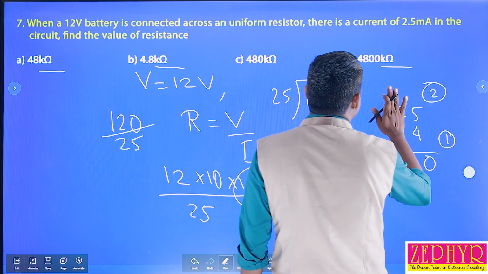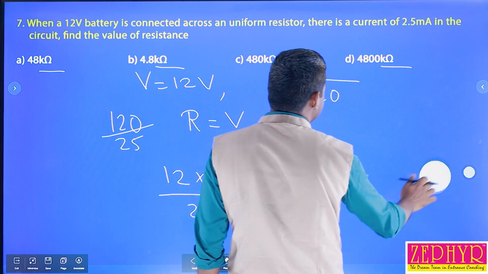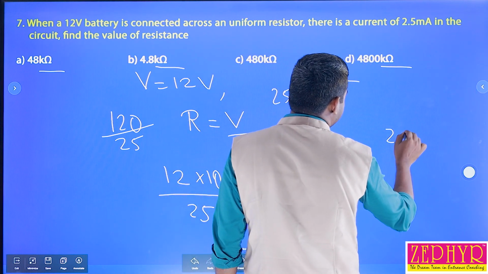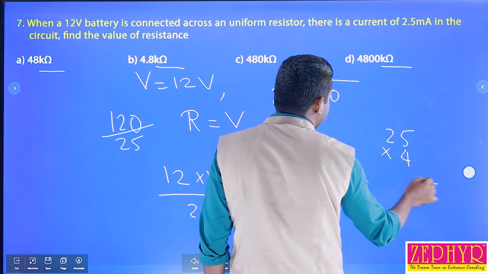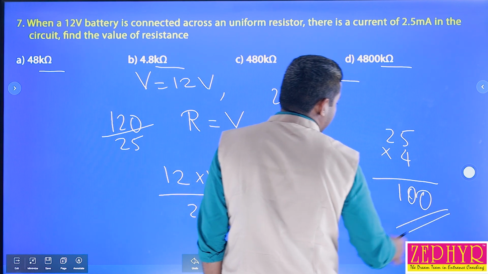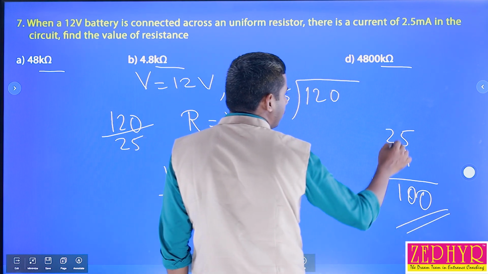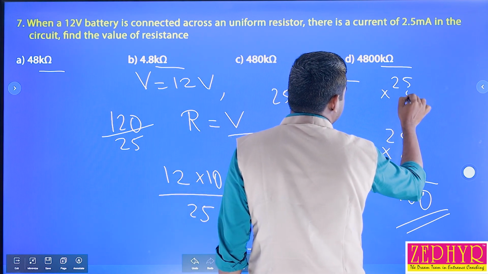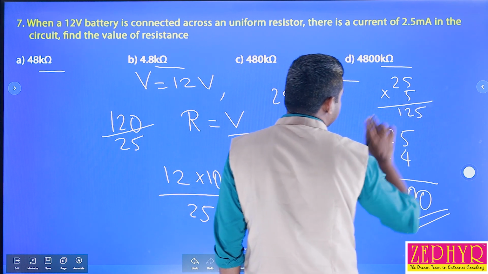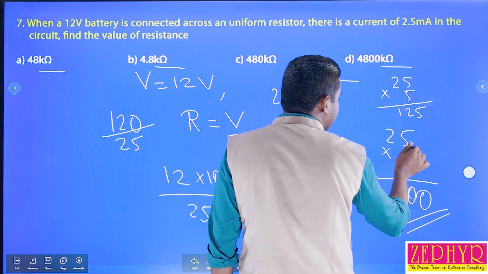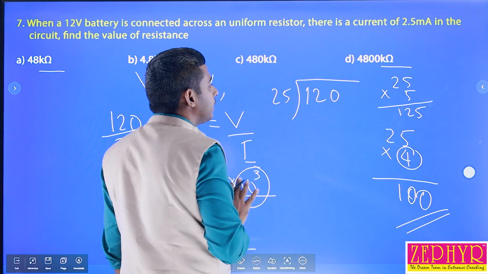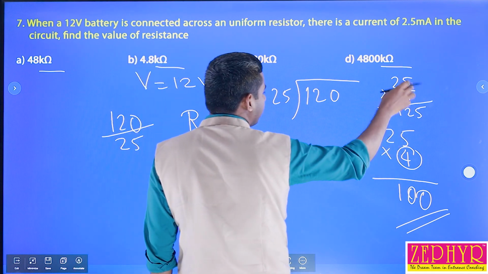Okay, by mistake I took it in that way, 25 into 4 actually. So 25 into 4 becomes 100. So, 25 into 5 will come as 125, right? So, we can take 4 because 125 is more than this 120. So, no need to take 5 actually.